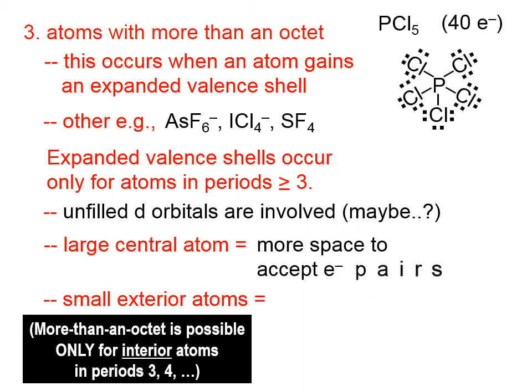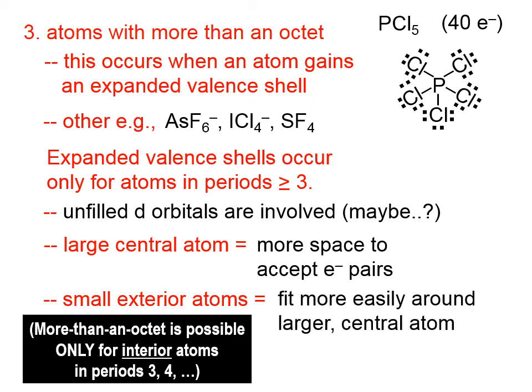In any case, the reason that atoms only in periods 3 or higher can have more than an octet is because the central atom has to be big enough to accept additional electron pairs beyond the octet. This works best with small exterior atoms because they fit more easily around a larger central atom.